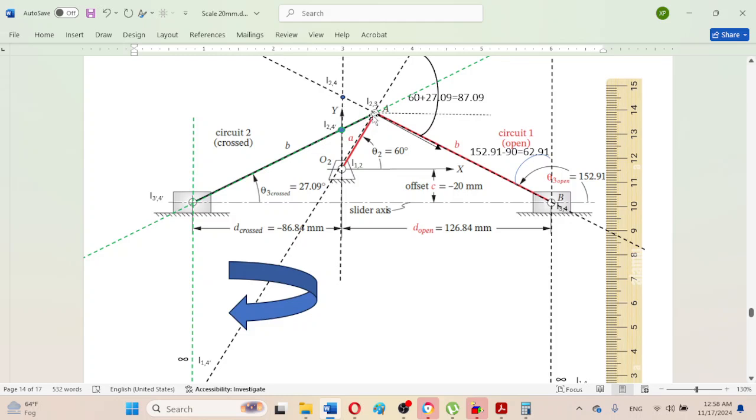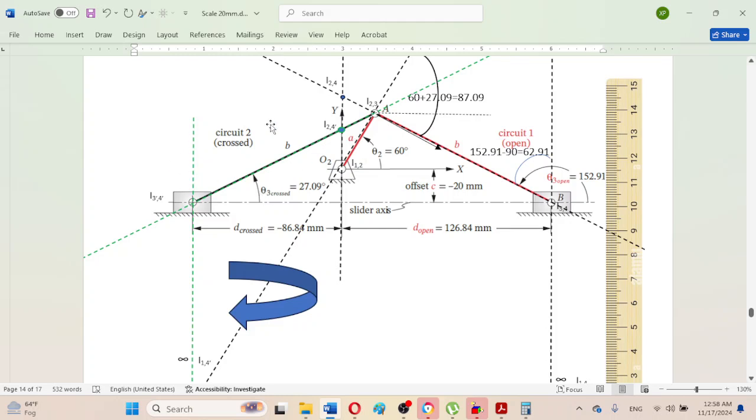So at this point, this velocity is perpendicular on this link. So it is moving the extended connecting rod, or this complete body, in the clockwise orientation.